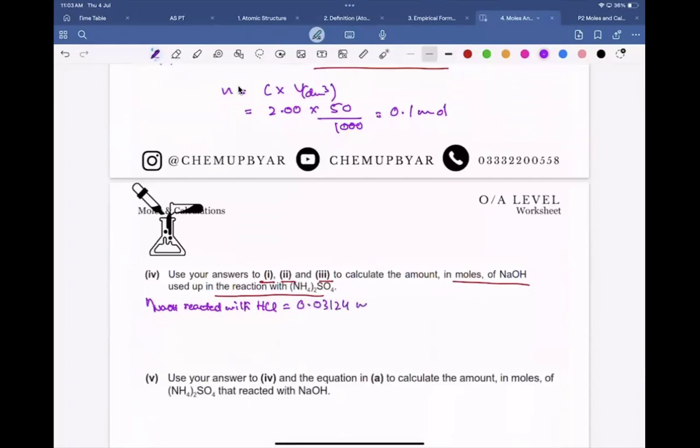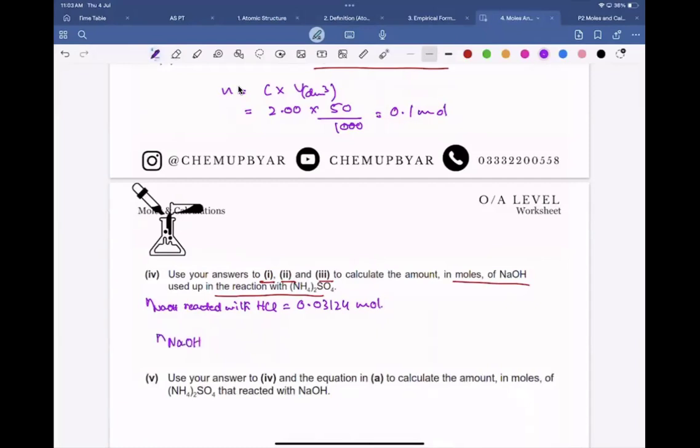So from these moles, only this amount of NaOH would react with HCl, right? Yes, sir. So the leftover moles would react with ammonium sulfate. Got it? Yes, sir.